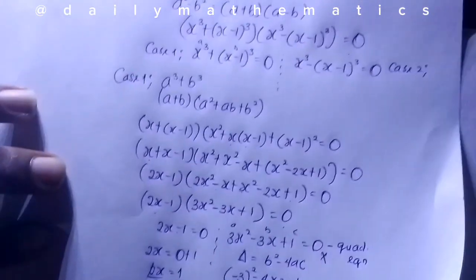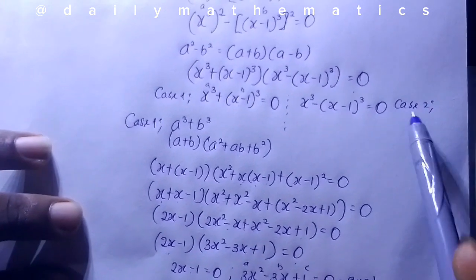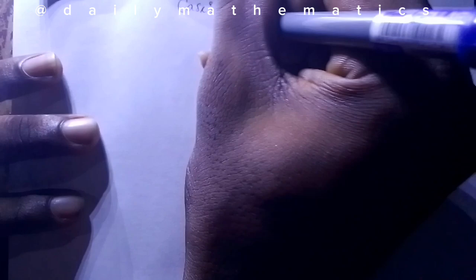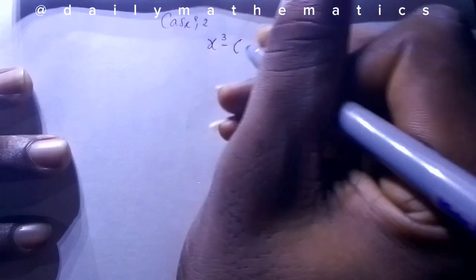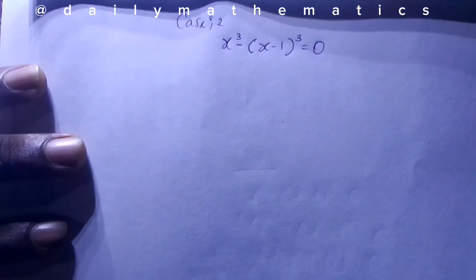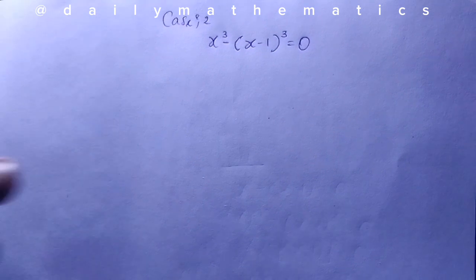For case 2, remember, that was what was here, so that's what we want to write. x raised to the power of 3, right, minus x minus 1 raised to the power of 3 equals 0. So this was what we had in case 2.